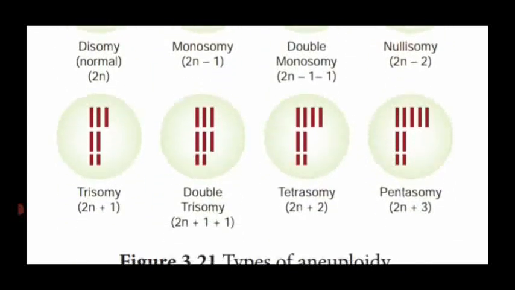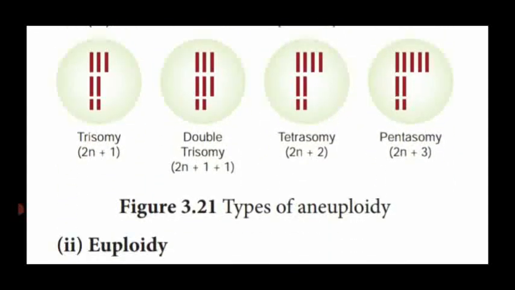Next diagram is trisomy. Trisomy means adding a single chromosome along with a diploid set, so 2n plus 1, trisomy. Then adding two individual chromosomes along with a diploid set, 2n plus 1 plus 1, double trisomy. Then tetrasomy.